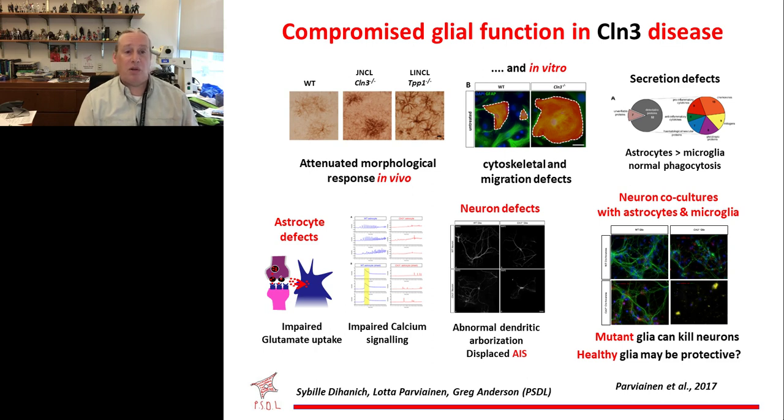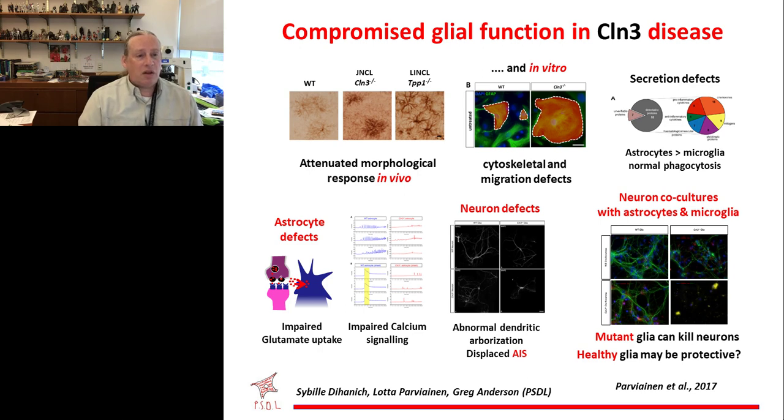Now, that's something that we also see in our cultures from those mice, in that when we stimulate the cells, they can't change their shape as readily as healthy cells would. And that's because they have a series of cytoskeletal defects, and that has a knock-on effect on their ability to migrate into a scratch assay, done again in tissue culture. Not surprisingly, because they have cytoskeletal problems, we also see that they have a series of defects in their ability to secrete chemokines and cytokines, and that is more pronounced in astrocytes than is seen in microglia, which have no problems in phagocytosing things we give them.